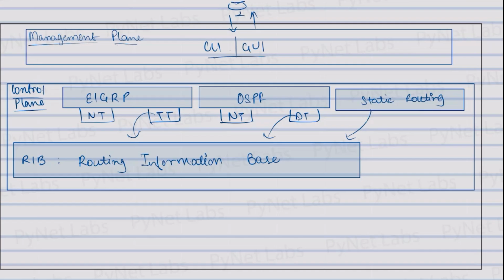Along with all this, control plane also takes care of doing all the calculations. For instance, when I talk about EIGRP, it does calculate the metric, right? It calculates the feasible distance, the reported distance, it checks the feasibility condition, and then figures out who will be the successor and who will be the feasible successor.